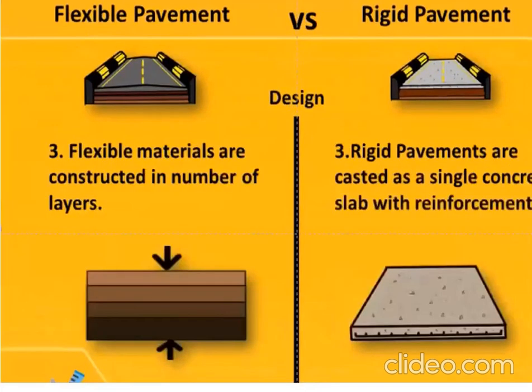The third way is how they are designed. Flexible pavements are constructed in a number of layers. You may have a compacted subgrade, then a sub-base layer, then a base layer, then an asphaltic base course layer, and finally an asphalt bearing course.